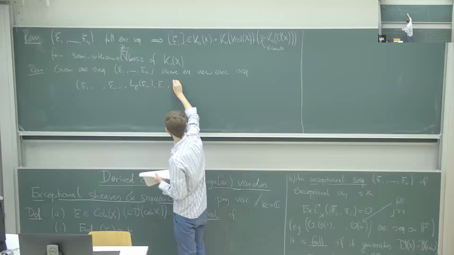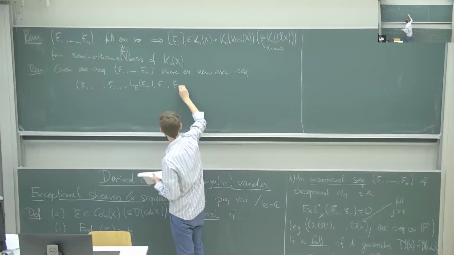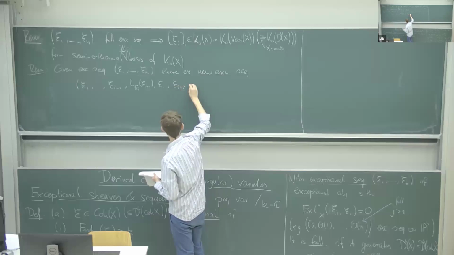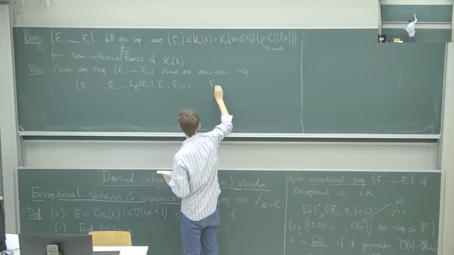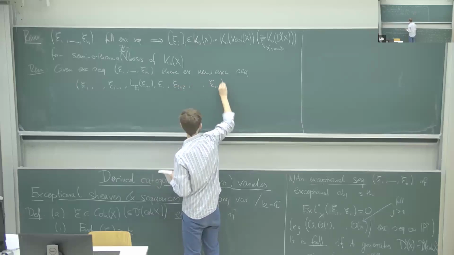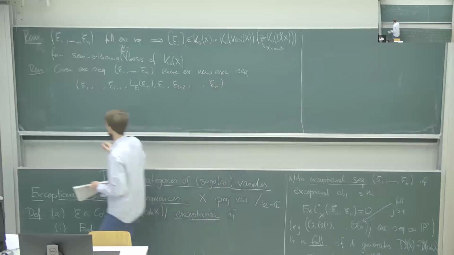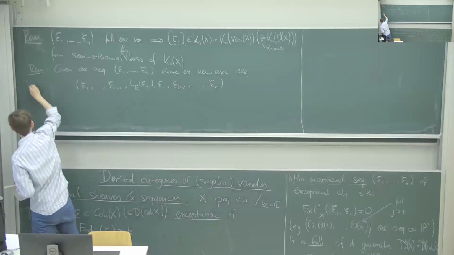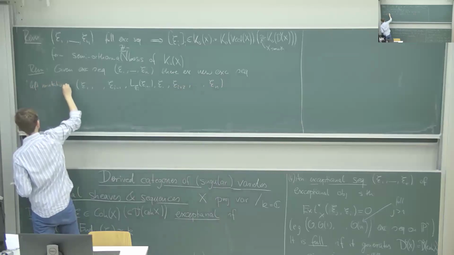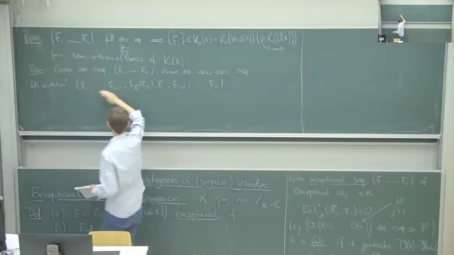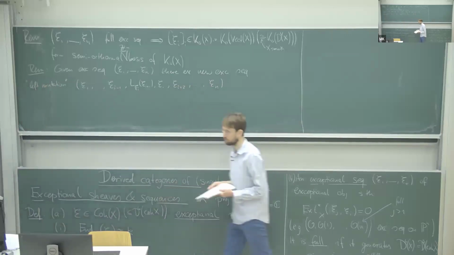So that we leave out now, and we continue with Ei plus 2 and go up to En. So this is known as a left mutation, because we can do this at any point of our sequence.